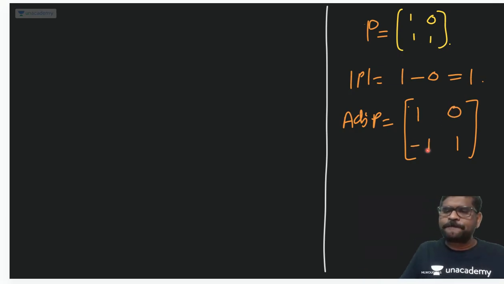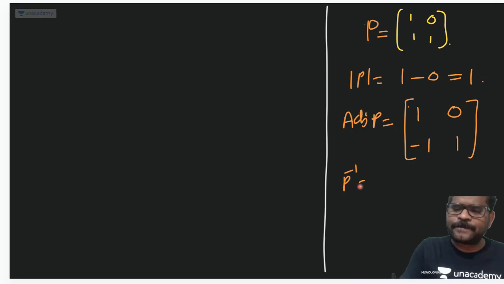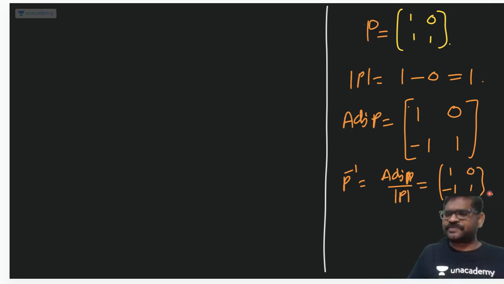Therefore, P inverse equals adjoint P by det P. That is nothing but 1, 0, minus 1, 1, divided by 1.